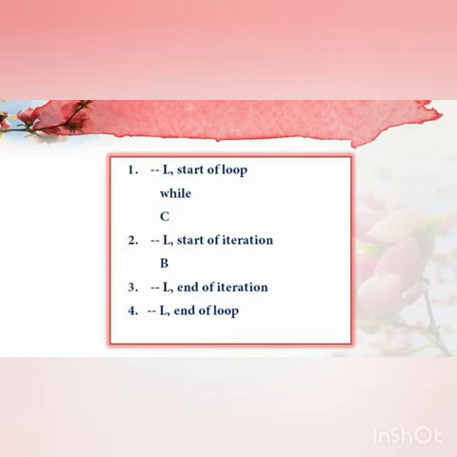Then while C, here C is a condition and B is the body of the loop. Then before the body of the loop also L is an invariant, and at the end of the iteration also L is an invariant, and after executing the loop, at the end of the loop also it should be invariant. So there are 4 important points we should keep in mind while creating a loop invariant.